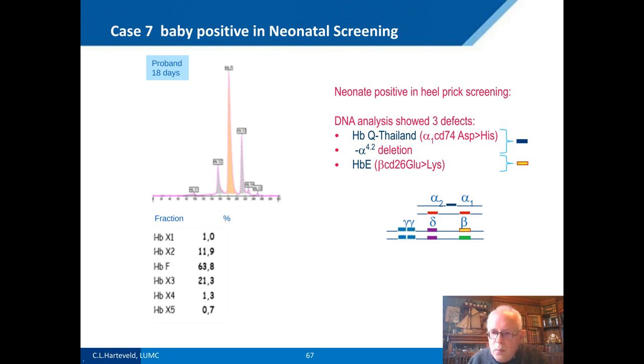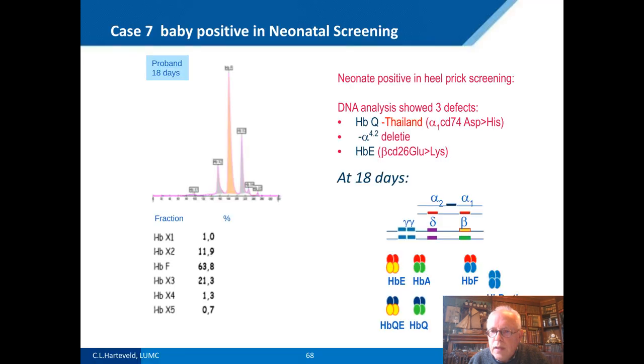So if we look at this composition and estimate how many different hemoglobin tetramers can be formed with this genetic composition, you can see that you have the normal alpha with the beta, the normal alpha with the beta E, the alpha Q-Thailand with the beta E and with the normal beta, and of course you have your gamma still, because that is still expressed after birth. So your normal hemoglobin F and your Q-Thailand hemoglobin F. And besides that, you also have the hemoglobin Bart's.